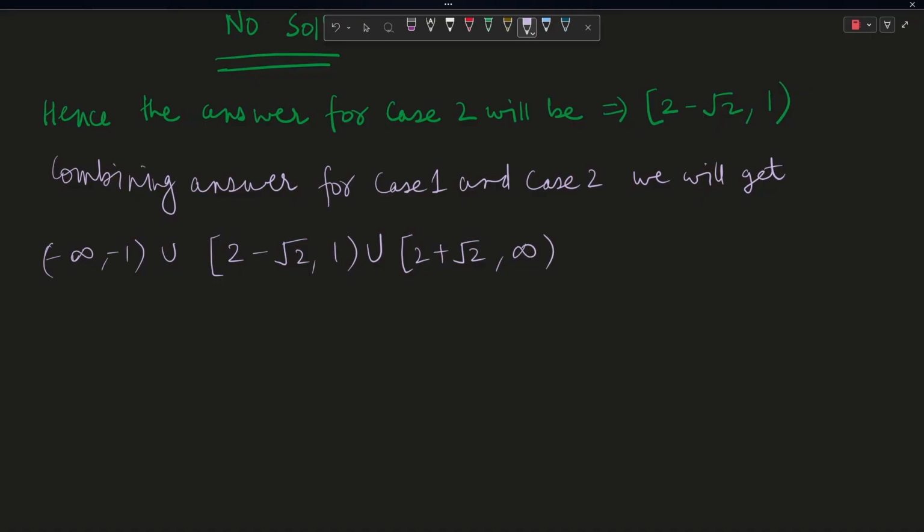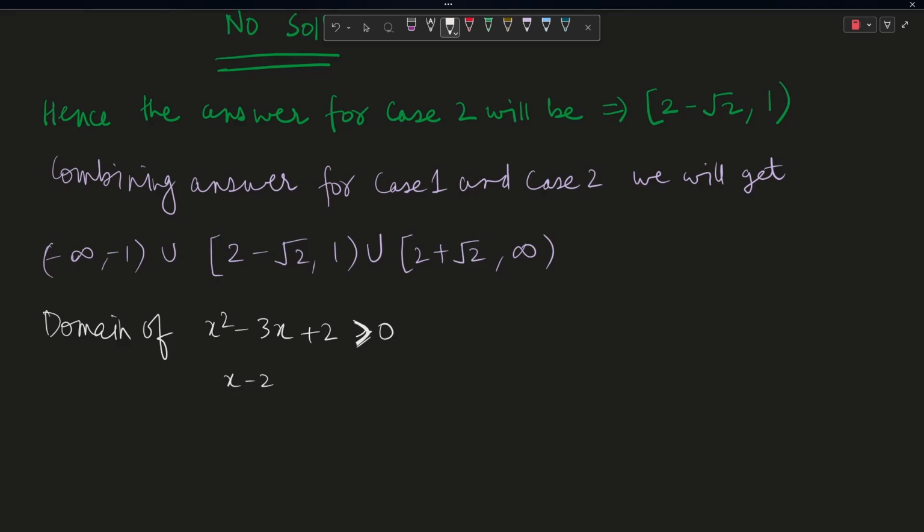But are we finished yet? The answer is no, because now the most simple part, the domain part, is left, as we have to calculate the domain of the inequality, which is the argument x square minus 3x plus 2 greater than 0.